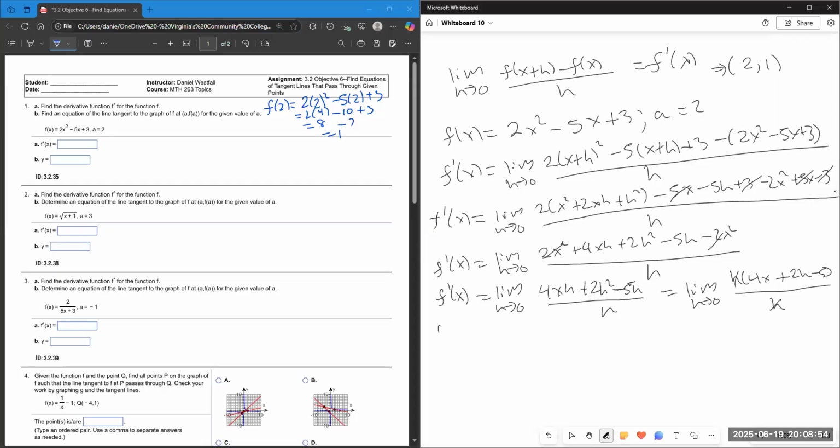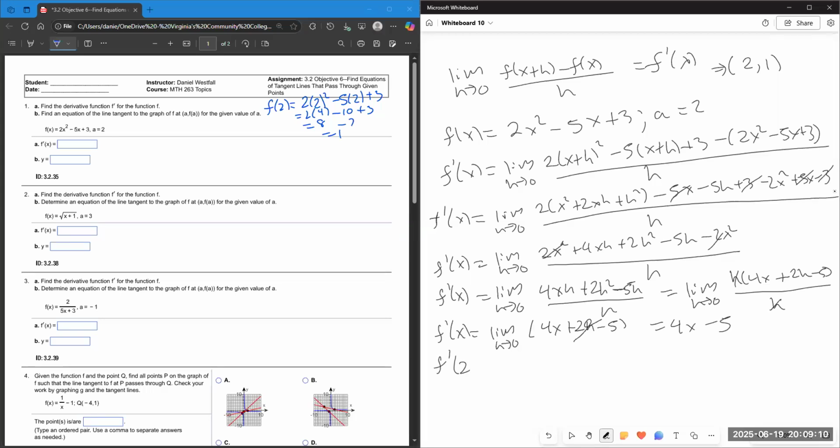H's will cancel. F prime of x is equal to limit as h goes to 0 of 4x plus 2h minus 5. H is going to 0, leaving me with 4x minus 5.